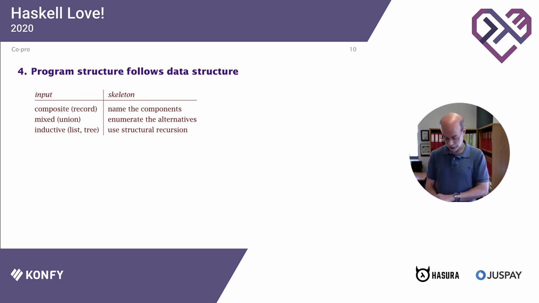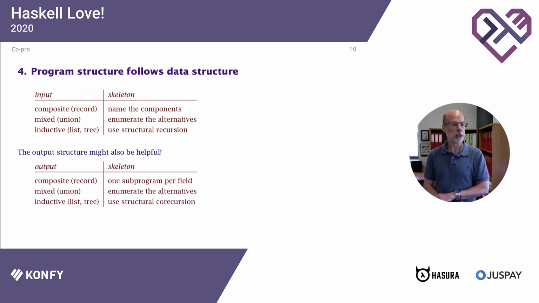But of course, we've got some of the data here, the input data, and we're missing the output data. The output data is also data. The output data also has structure, and the structure of that output data might also be helpful in coming up with your program. So the output might be composite data, it might be mixed data, it might be inductive data, and then the corresponding skeleton of the program might be determined by that instead.